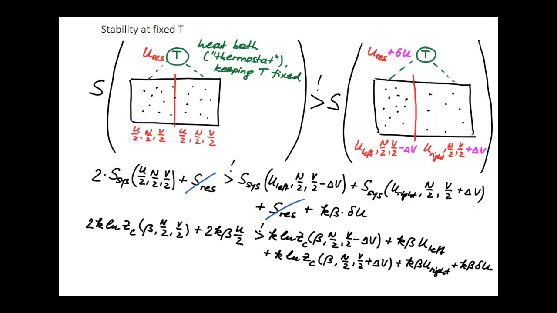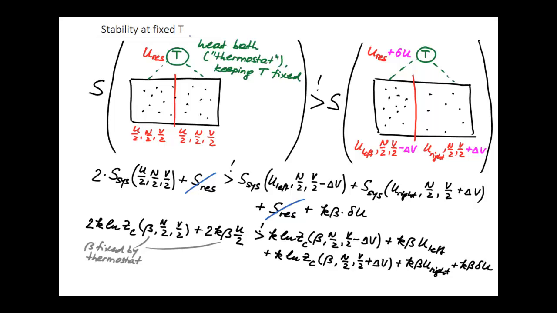So the beta is the same everywhere. All the betas are fixed by the thermostat. You must have energy conservation.